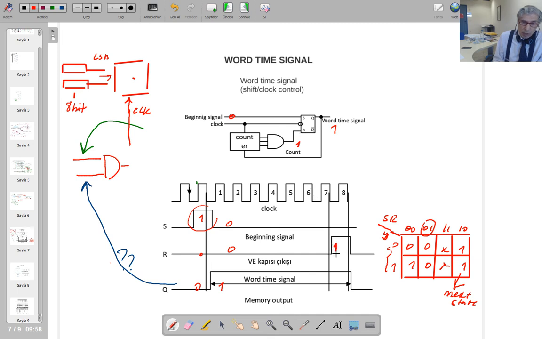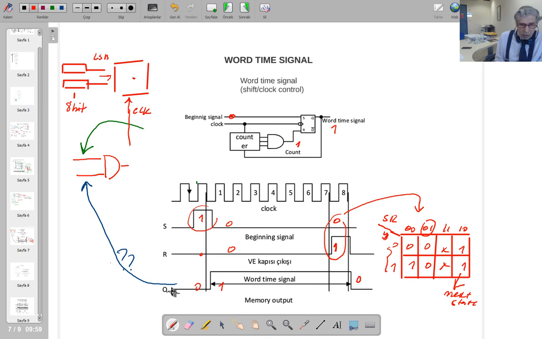So R became 1. So S is 0 and R is 1. S 0, R 1, that's this case, isn't it? In this case, your output becomes 0. That means it's going to be 0 here.